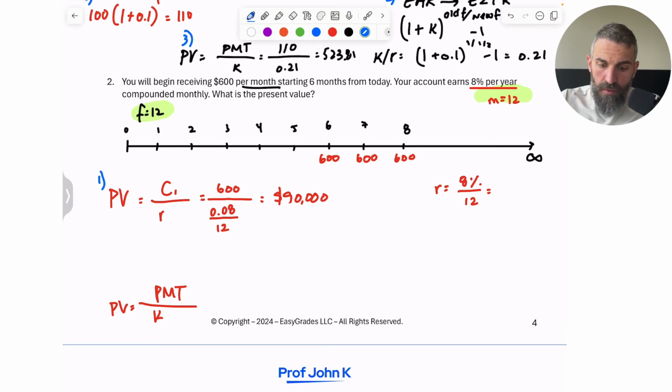And so if your first payment is at time 6, well, the present value that you just calculated is not at time 0. We used the formula for the present value of an ordinary perpetuity. And we learned that in an ordinary perpetuity, or even an ordinary annuity, the present value is one period before the first payment. Because the first payment is at the end of the year, right?